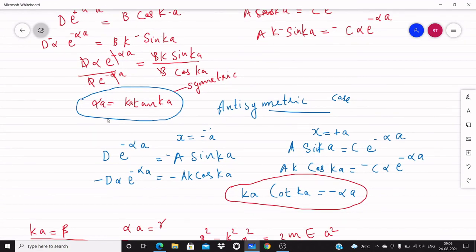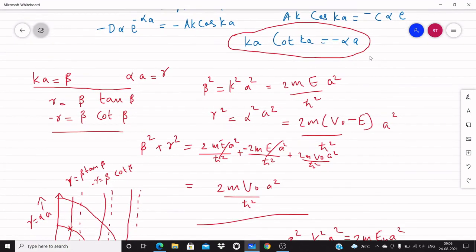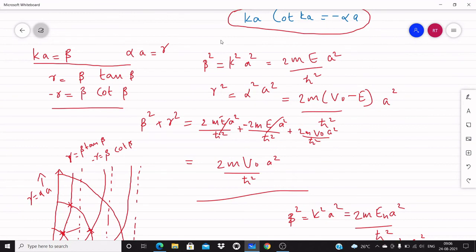For the symmetric case, you have alpha a is equal to ka tan ka, and for the anti-symmetric case you have ka cot ka is equal to minus alpha a. Again, modifying those as ka equal to beta and alpha a equal to gamma, you have two equations in terms of beta and gamma. And taking the values of beta and gamma, we have another equation for a circle.